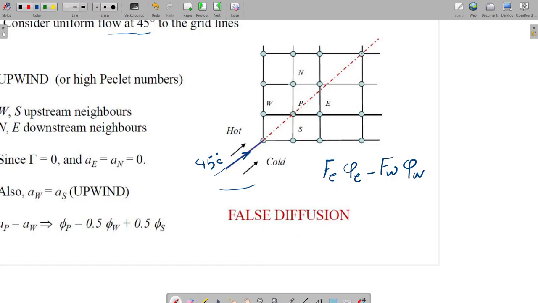Therefore, Fe phi e minus Fw phi w plus Fn phi n minus Fs phi s equal 0 for special cells, for example, in these cells. Suppose this is the central cell. Okay, this is the central cell.